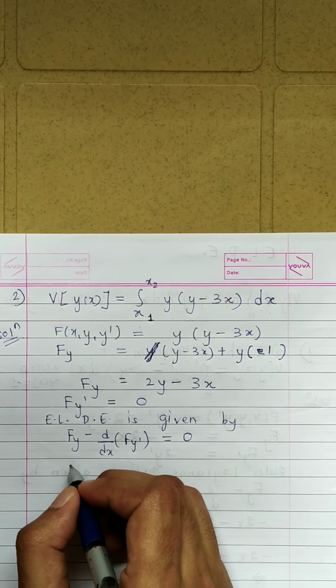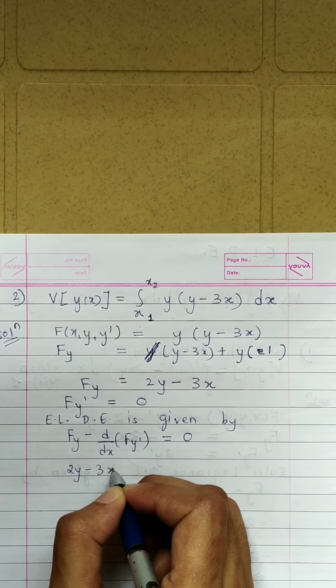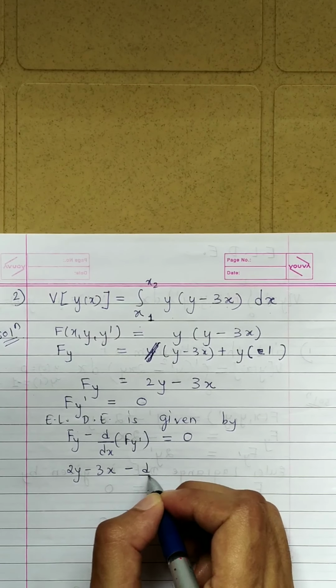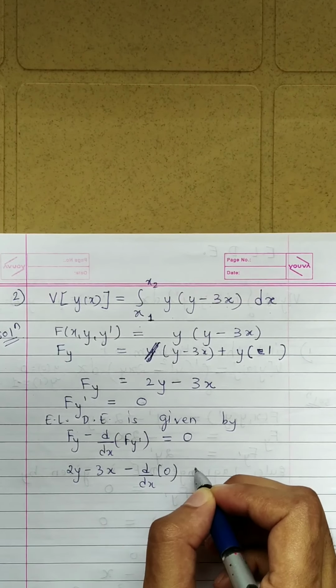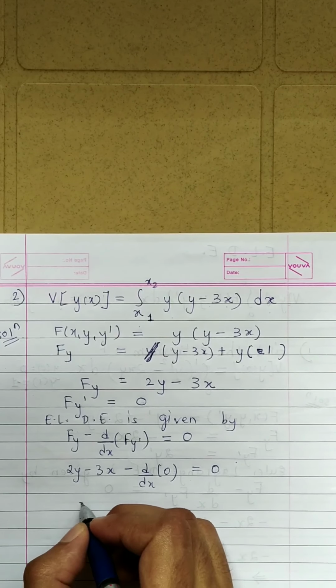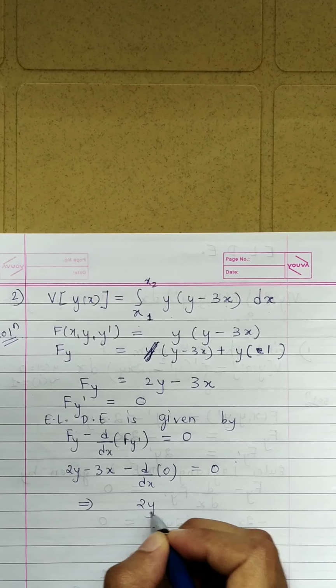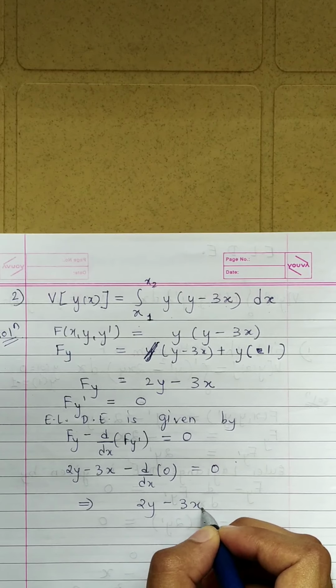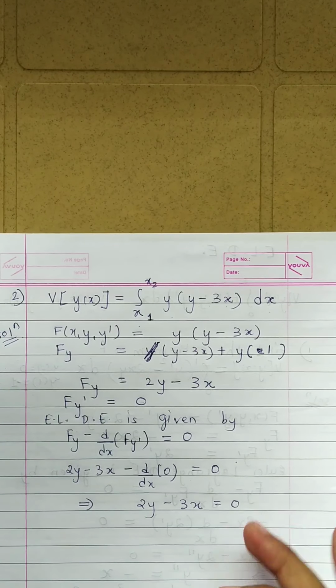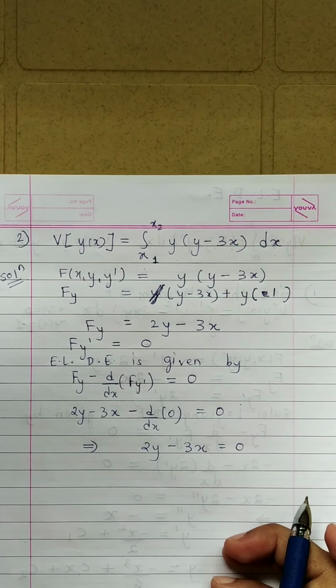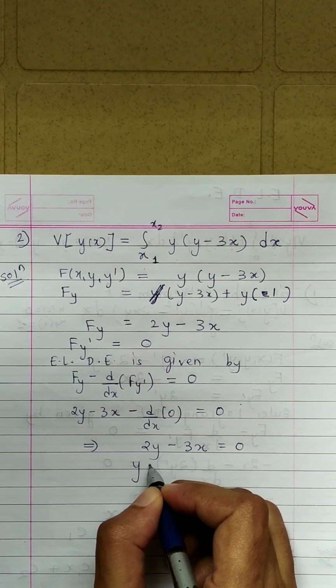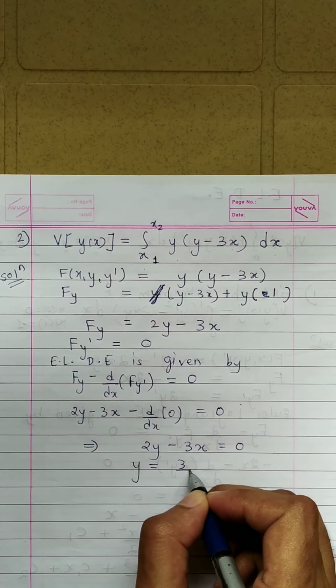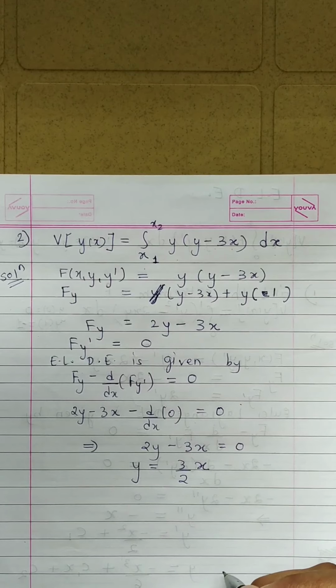That is 2y minus 3x minus d by dx of 0 equal to 0. What does that imply? 2y minus 3x equal to 0, and hence we will get y to be equal to 3 by 2 times x.